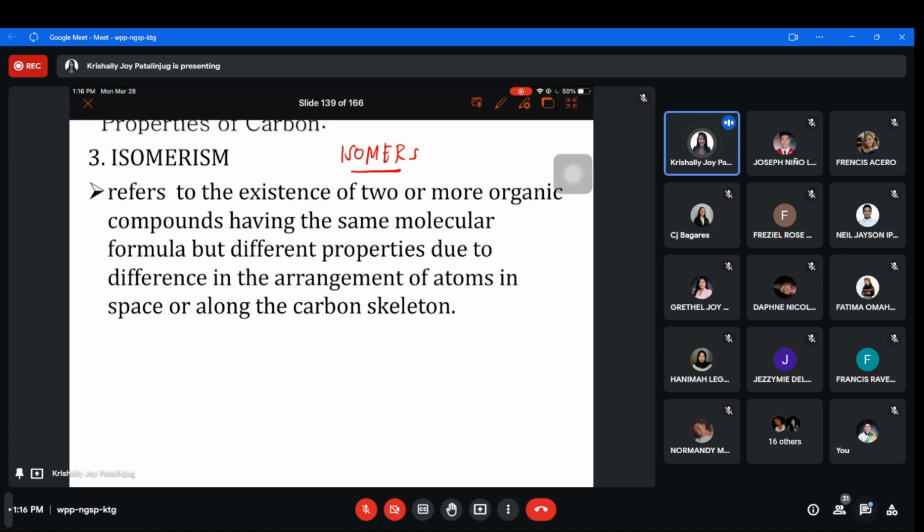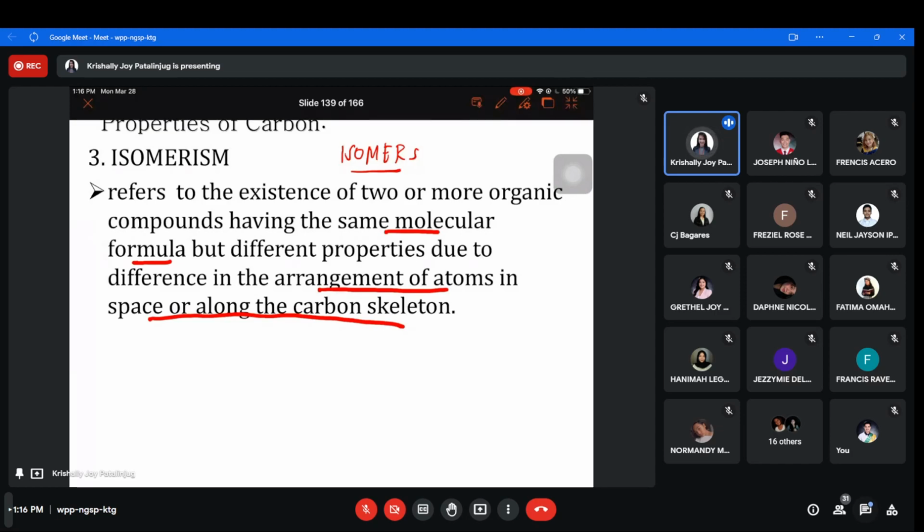Kapag isomerism, ito yung phenomenon or the existence of two or more molecules having same formula, however, they differ now with the structure. So paano nagkakaiba yung structure nila?